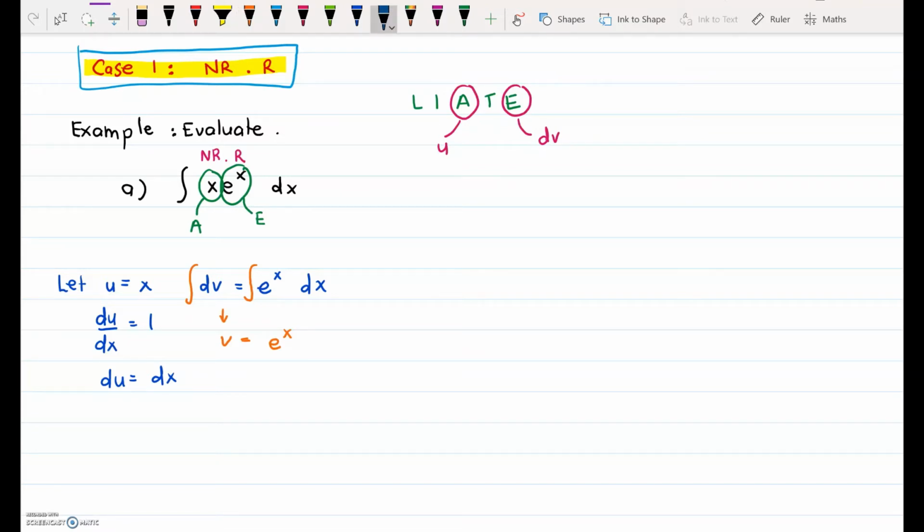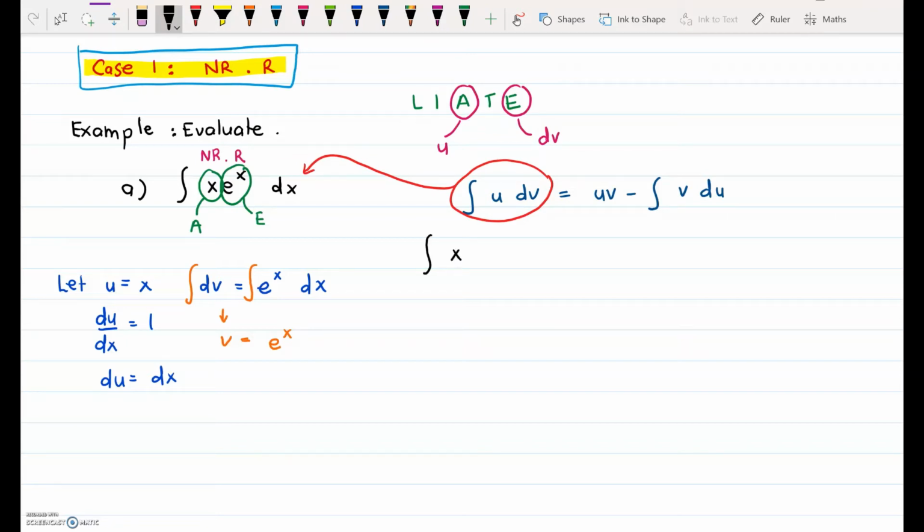Alright, continue next. We will solve this question by using the formula. Remember the formula is the integration of u dv equals uv minus the integration of v du. The integration of u dv is your original question, that is the integration of x e^x dx.